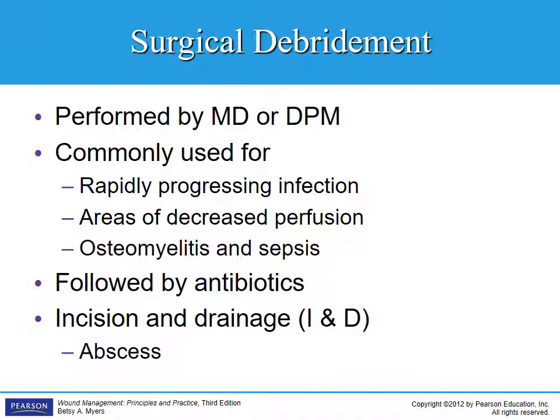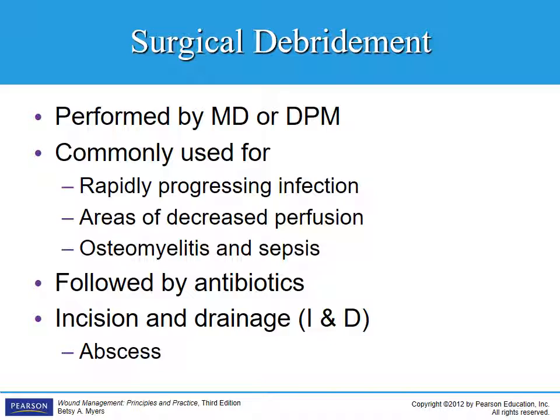Surgical debridement is only done by an MD or a podiatrist, but it is commonly used for an infection that's progressing pretty fast. If there's an area of decreased perfusion, you don't want to do a clinical debridement.